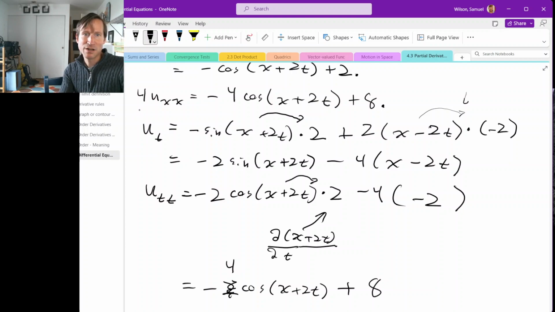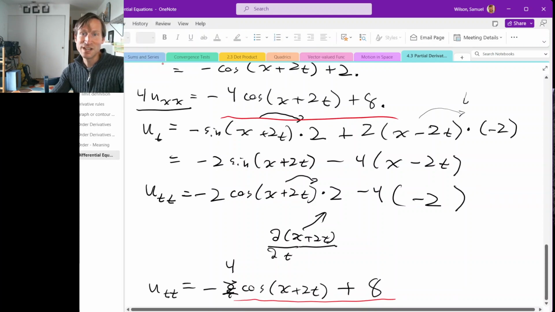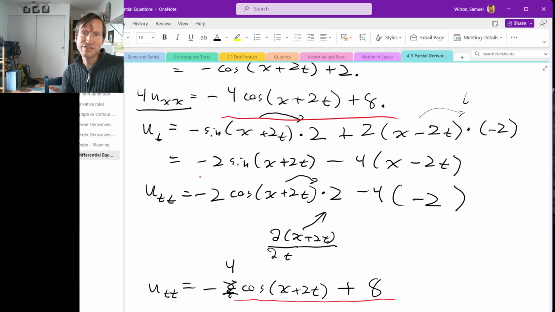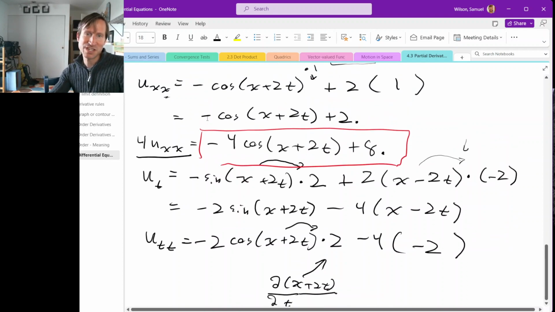Okay, now comparing 4 times u sub xx to u sub tt, we see that, oh hey, these are actually the same, right? They're the same for all input values of x and t. So in particular, they are the same for an open patch of the xt plane.